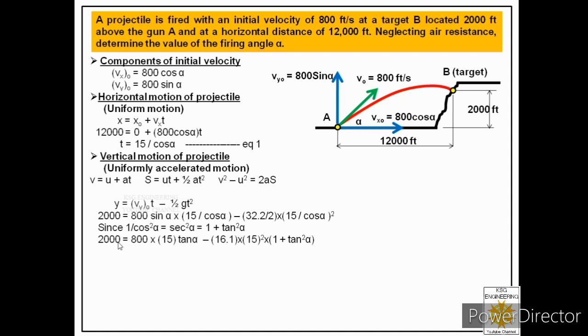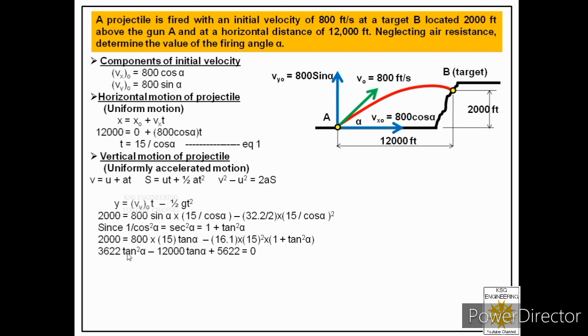So we'll get 2000 is equal to 800 into 15 tan alpha minus 16.1 into 15 square into 1 plus tan square alpha, because 1 upon cos square alpha is equal to secant square alpha, and that is equal to 1 plus tan square alpha. Now this equation will further reduce to 3622 tan square alpha minus 12,000 tan alpha plus 5622 equal to 0.